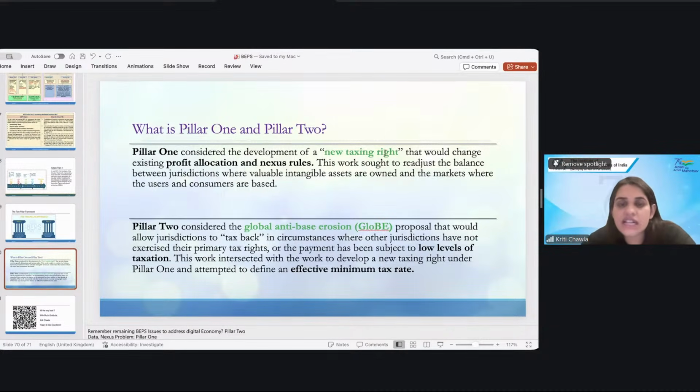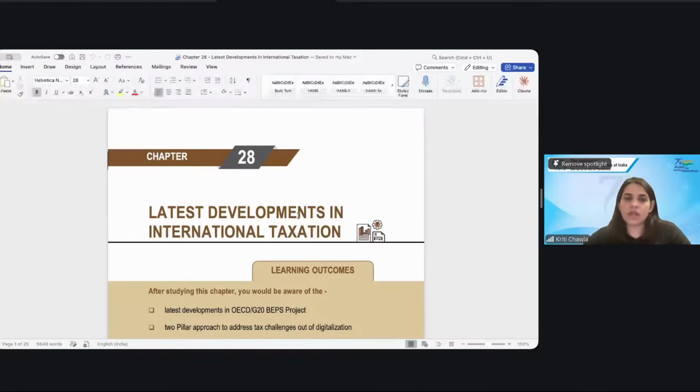So what I'll do is I'll quickly display the chapter to see what the latest development chapter really talks about.